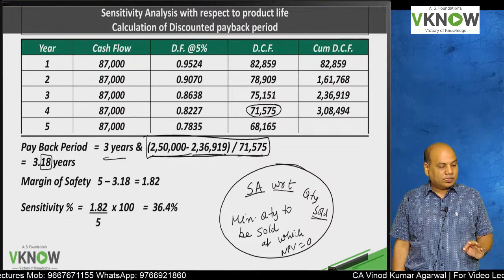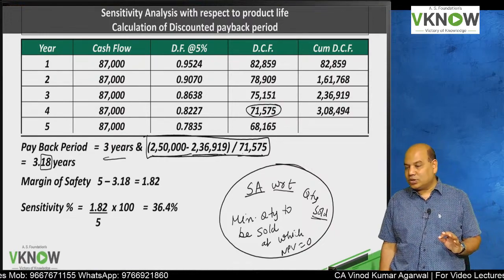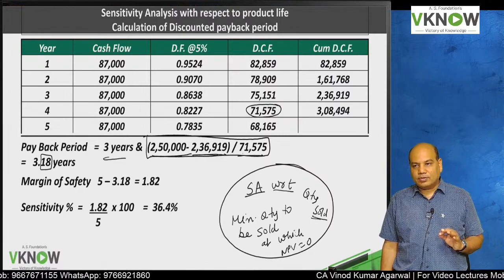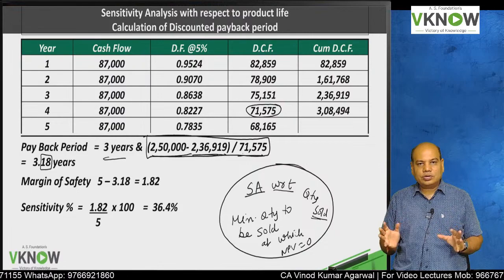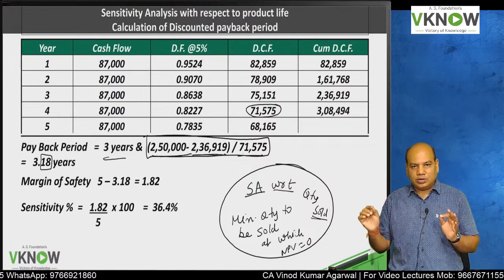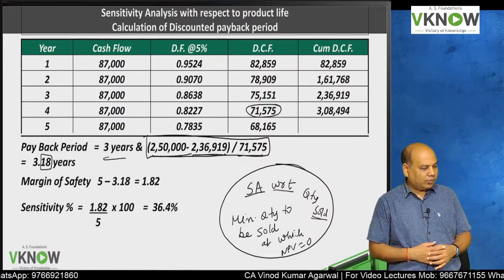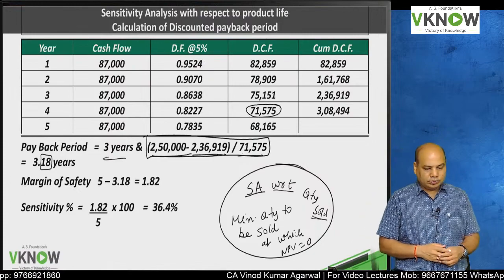I am asking you a simple school level mathematics question. What is the quantity to be sold at which NPV would be 0?